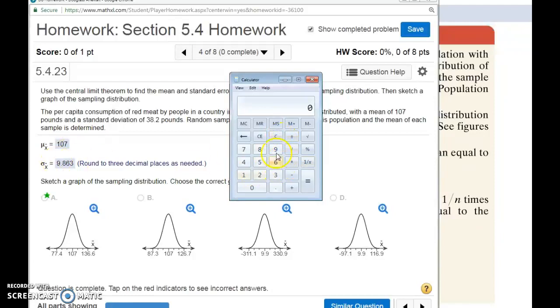If you take your standard deviation here and multiply it by 3, so you have 3 standard deviations, add that amount to your mean to see how much is 3 standard deviations above the mean. And you get that value, 136.6. So you know that's the correct graph of your normal distribution with those characteristics.